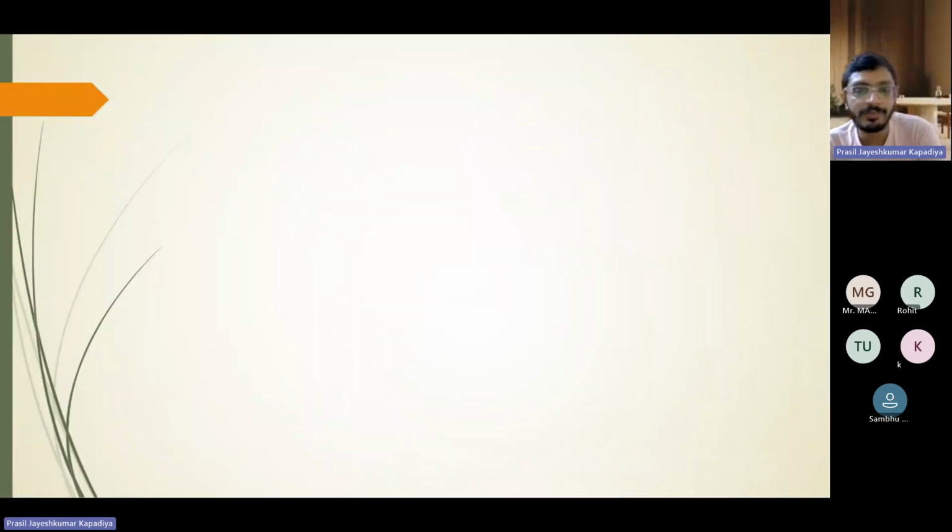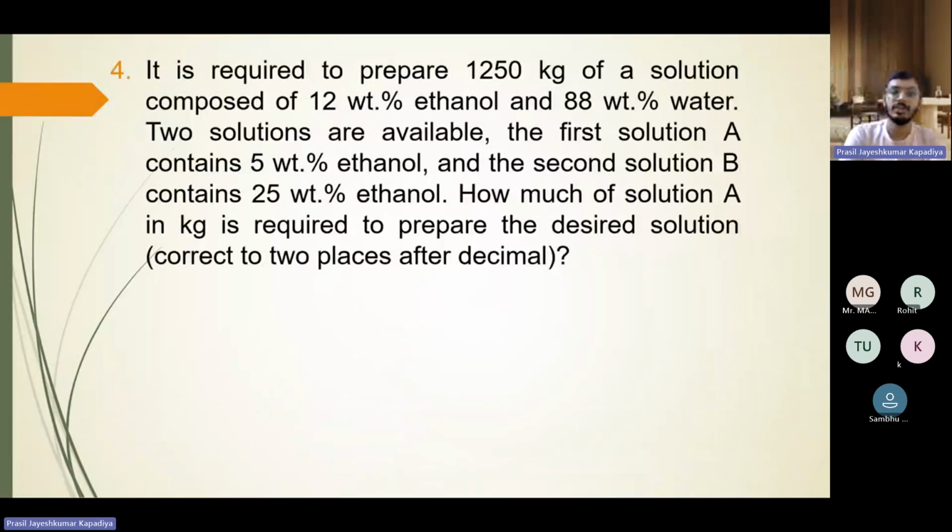Okay, let's move ahead. Next question. This question Manish will be solving, and Rohit also, I know you can do it. It is required to prepare 1250 kg of solution composed of 12 weight% of ethanol and 88 weight% of water. Two solutions are available. The first solution A contains 5 weight% ethanol and B contains 25 weight% ethanol.